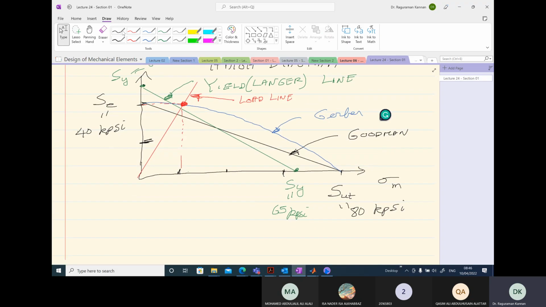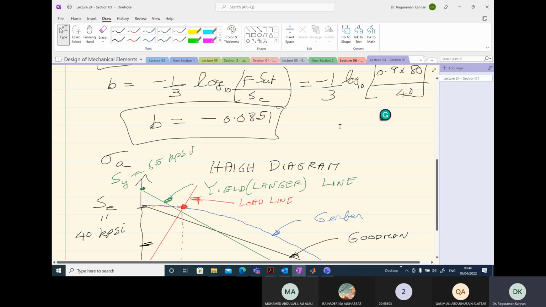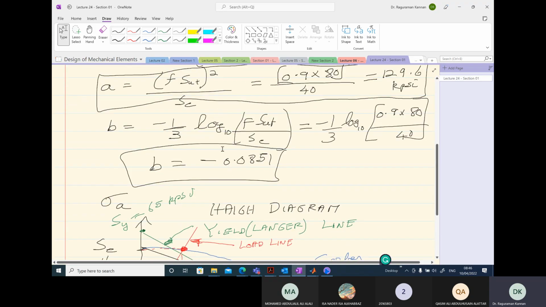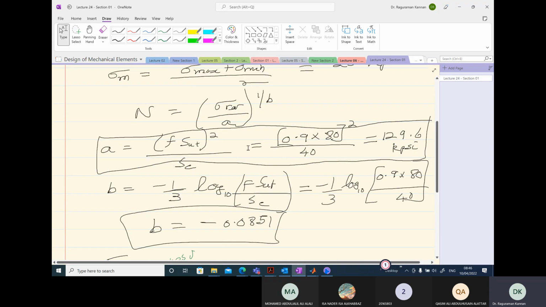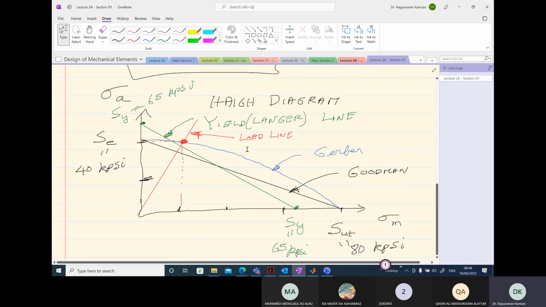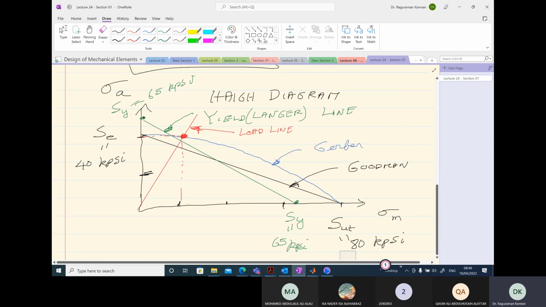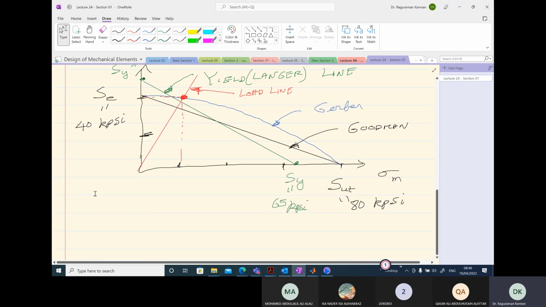All right, so now I want to find finally what is the number of cycles to failure. I need to figure out what is sigma reversible. Before we do that, let's try to find the factor of safety. To find the fatigue factor of safety to be accurate, we can do it the graphical way.